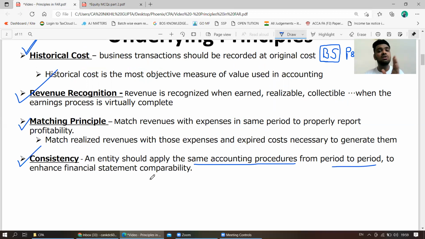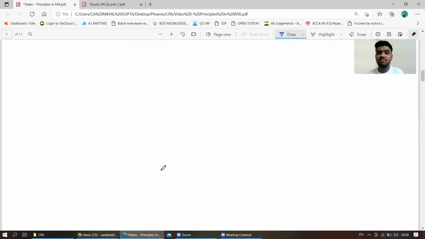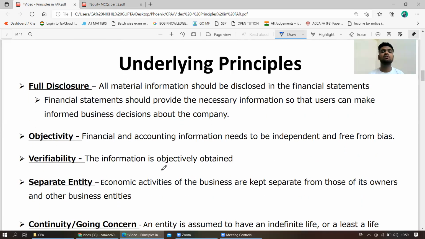I hope, guys, you have understood my words clearly. Now I am moving to the next discussion. The next principle we are talking about is the full disclosure concept. This concept, full and faithful disclosure, indicates that the organization shall disclose all the content related to any component in the financial statements.